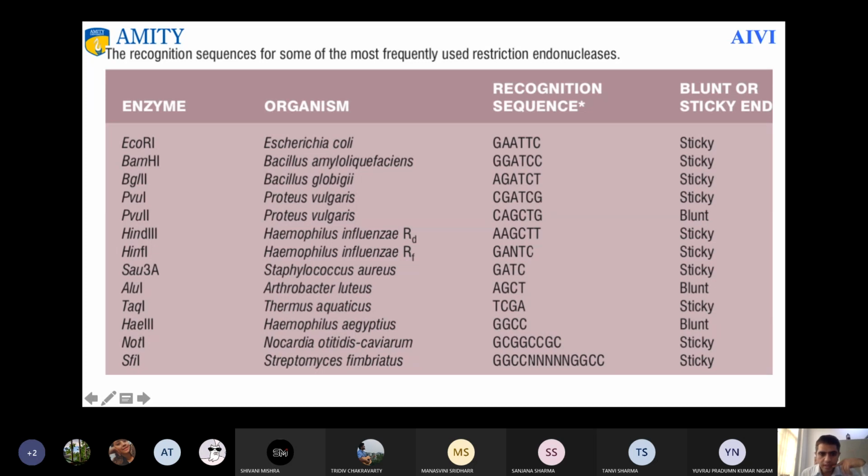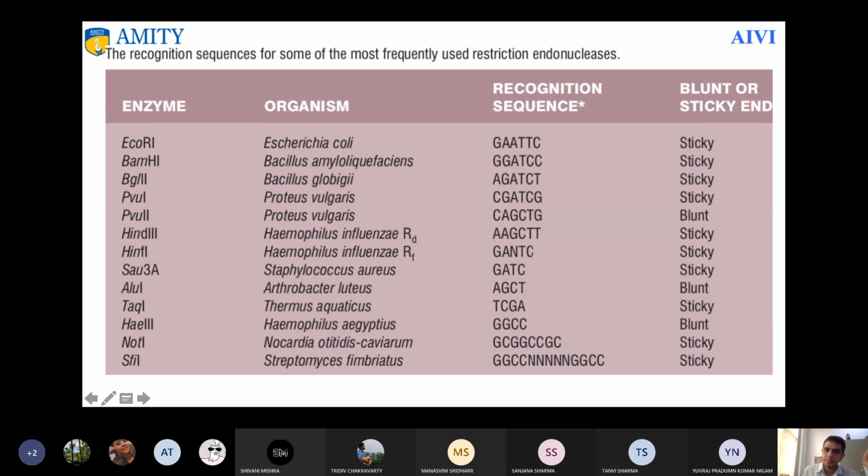Here you can see in the last one, it has NN in between. Wherever N is written, it means anything can be there. Any random sequence may be there, but if GGCC is on the left and right side of the sequence, it will recognize it, otherwise it won't.